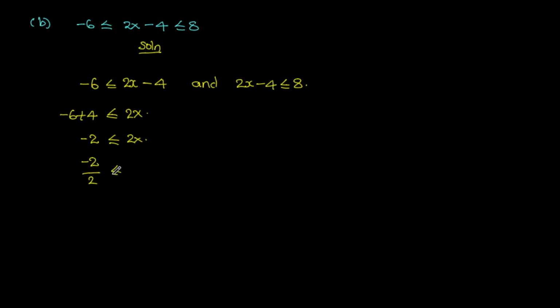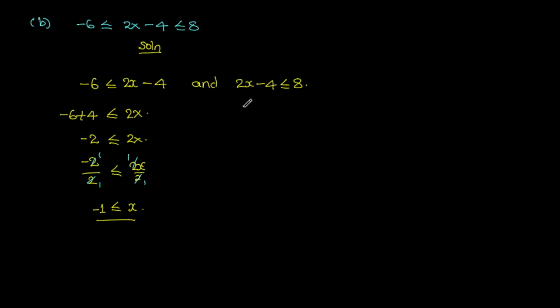Now this is less than or equal to, by 2, that vanishes to 1, then the other side also goes to negative 1. So let's rewrite the remaining one from here, and we have negative 1 is less than or equal to x. So that is the solution for this part of the question.